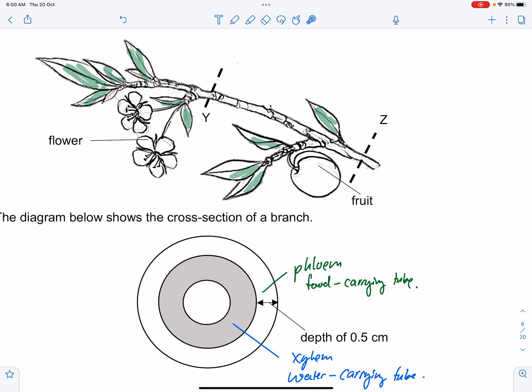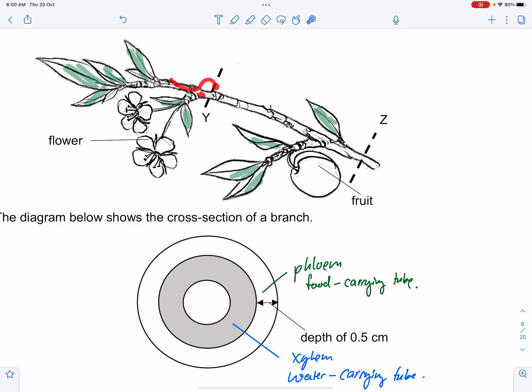So my objective is to get as much food as possible. So you need to start thinking, if I cut here, these 8 leaves that are producing food cannot send it past Y towards the roots. Instead it'll be stored somewhere else.